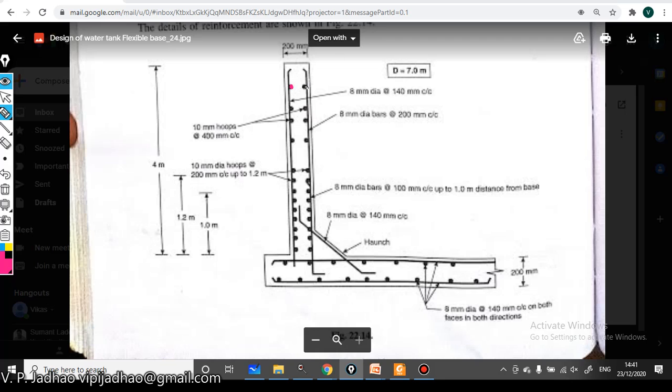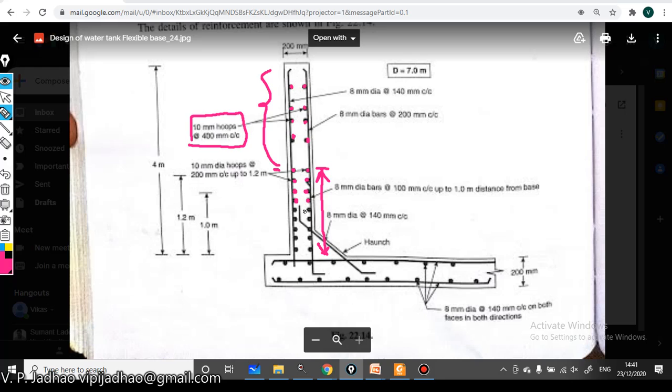Then hoops or circular bars will be provided like this. These circular bars, shown by these pink color dots, are for resisting the hoop tension. These steel bars will be closely spaced within this particular region at a spacing of 200 mm center to center, and for the remaining part of your water tank wall, they will be provided at a spacing of 400 mm center to center.